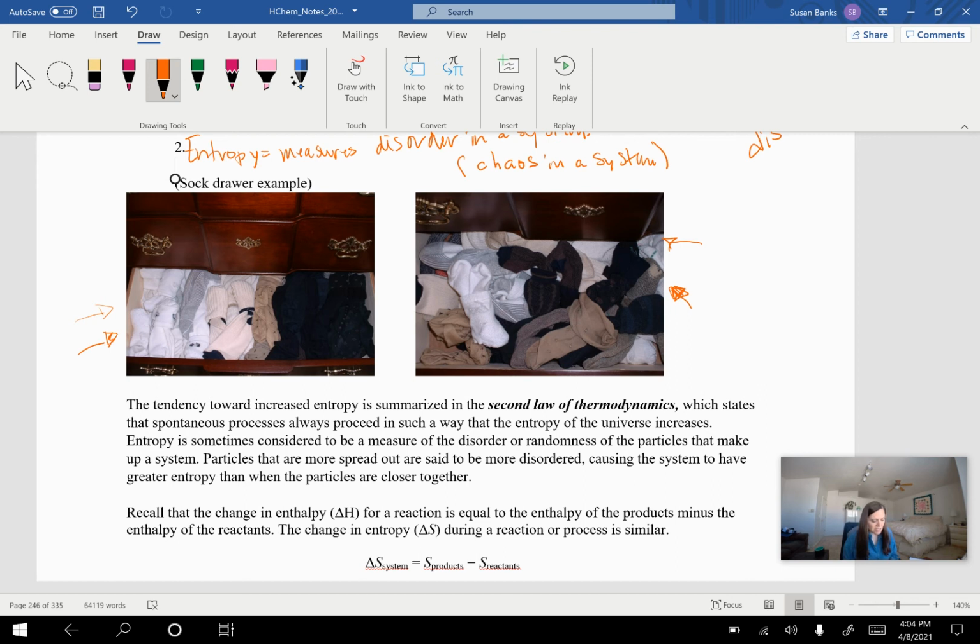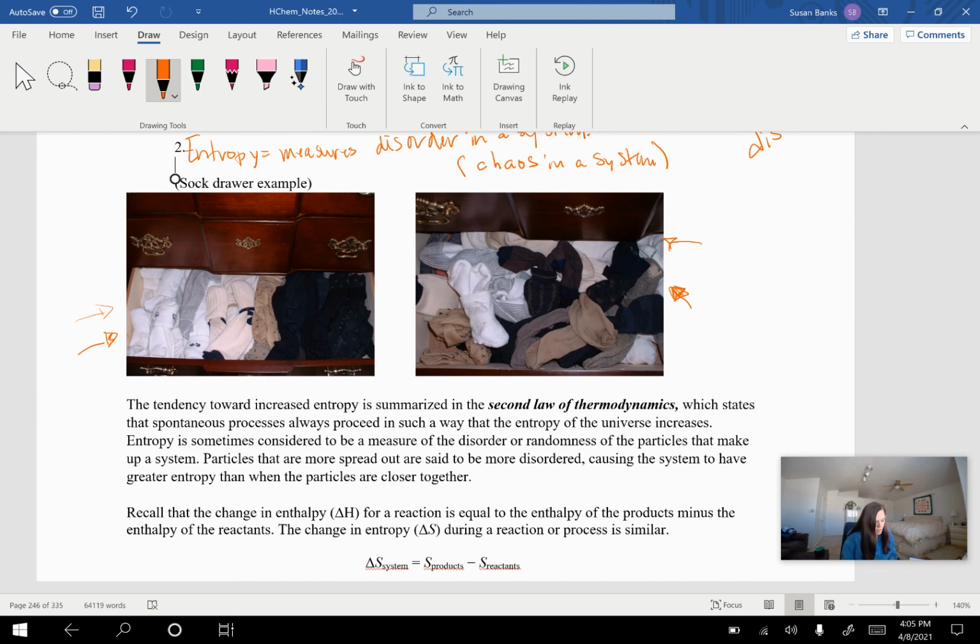Entropy is sometimes considered to be a measure of disorder or randomness of the particles that make up a system. Particles that are more spread out are said to be more disordered, causing the system to have greater entropy than when the particles are closer together, because there are more ways that I can have them spread out than I can have them close together, right?